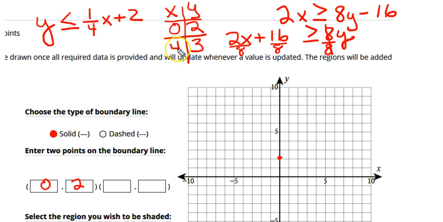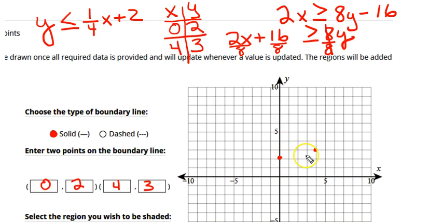And then 4, 3. So 1, 2, 3, 4, and then 3 up from here. Remember, it's from the origin. And again, you could plot it. It's going to have a run of 4.